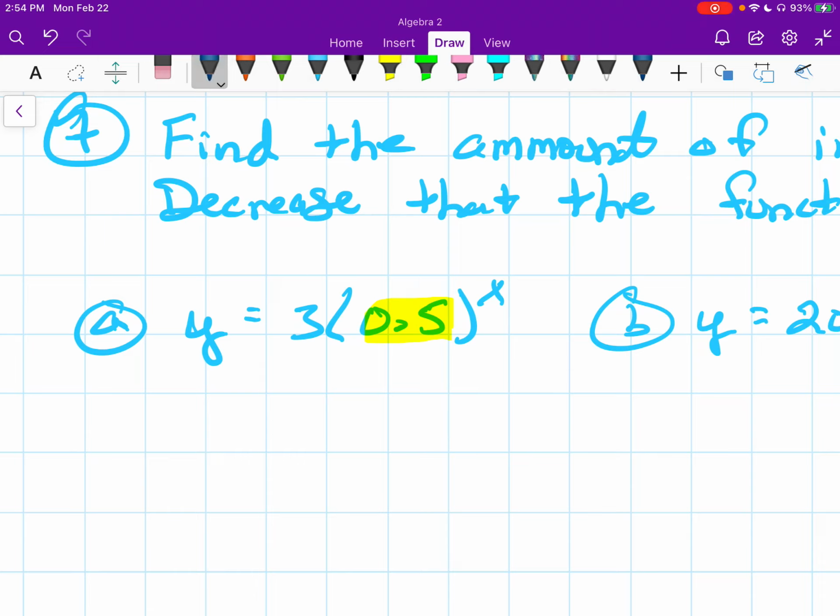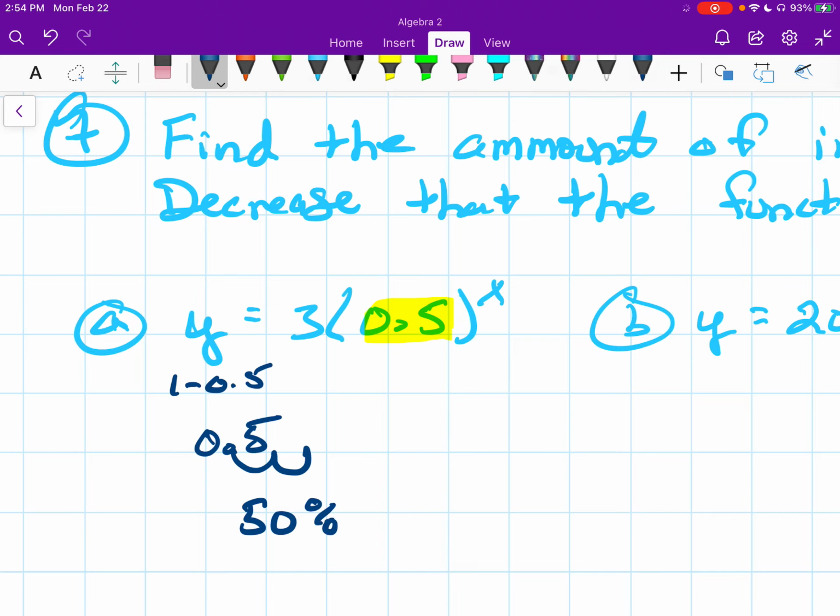How could we get that to 1? That one should be pretty easy. You just take 1 minus 0.5 to get the leftover 0.5. Then to turn that into a percent, move it 2 spots to the right, and I get 50%.